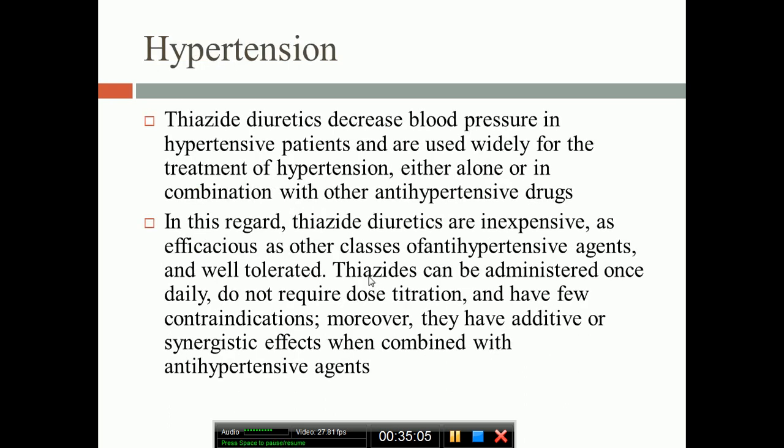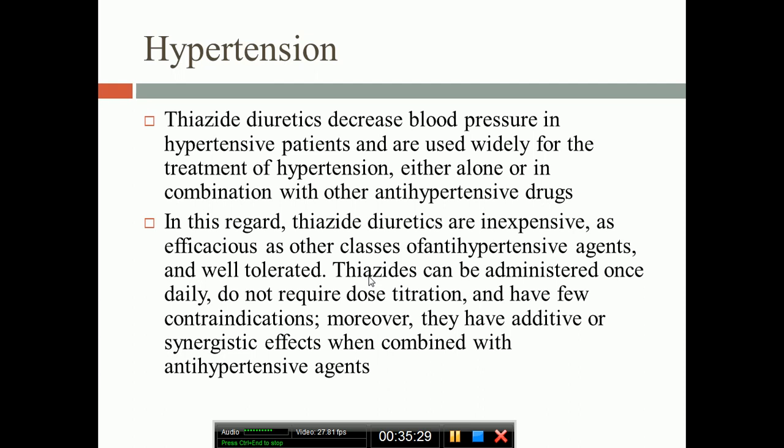But this is hypertension. This is the most important and most widely practiced indication for thiazide diuretics. Thiazide diuretics decrease blood pressure in hypertensive patients and are used widely for the treatment of hypertension, either alone or in combination with other antihypertensive drugs.